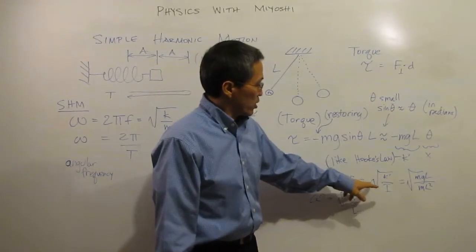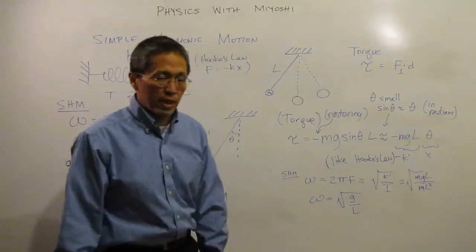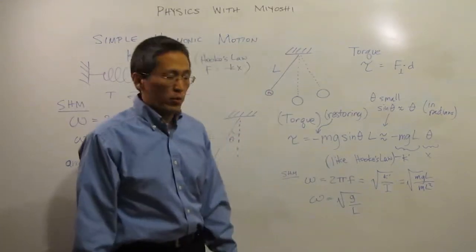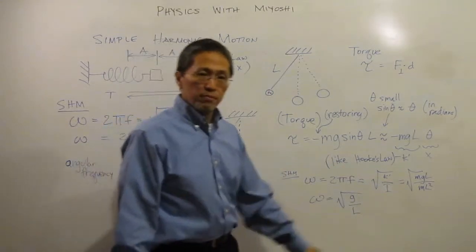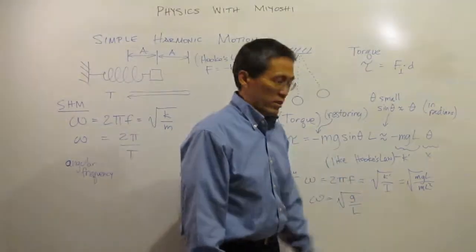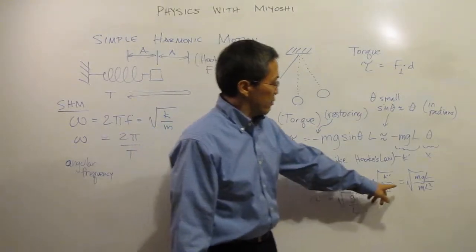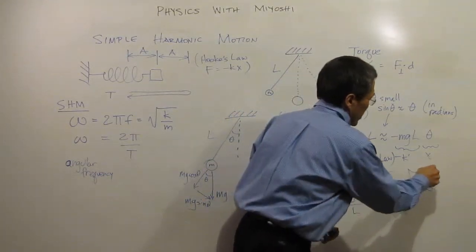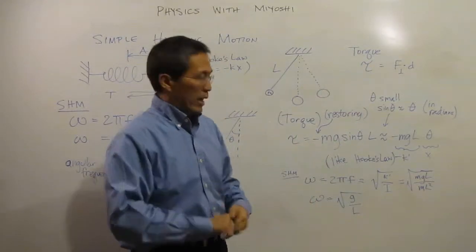With that analogy, we can look at omega, again 2 pi f, which is equal to the square root of k prime divided by I, our rotational inertia, and that could be equal to the square root of mg L divided by m L squared.